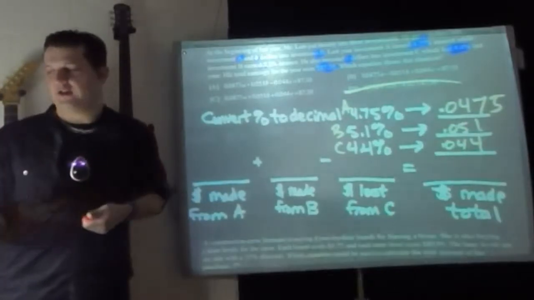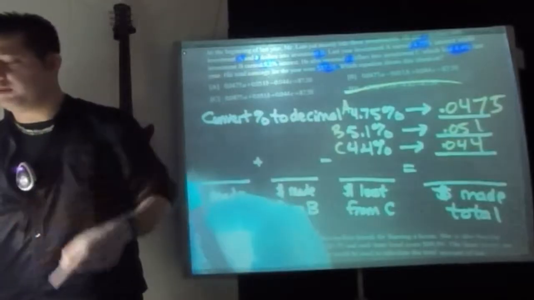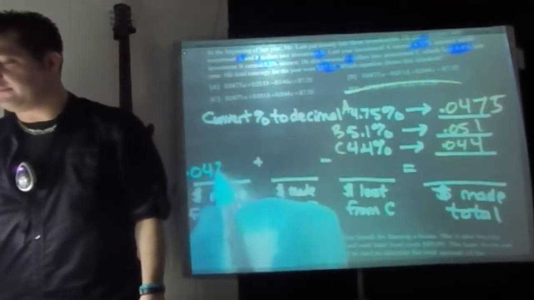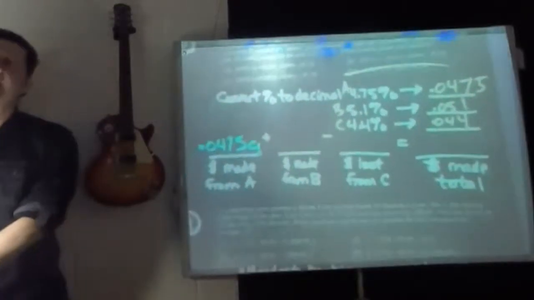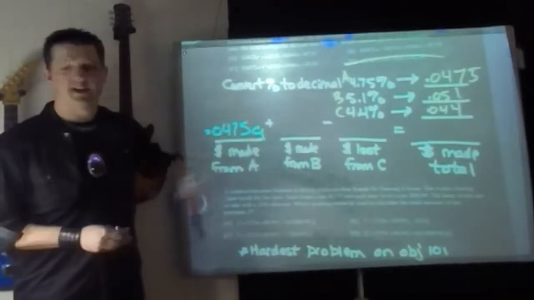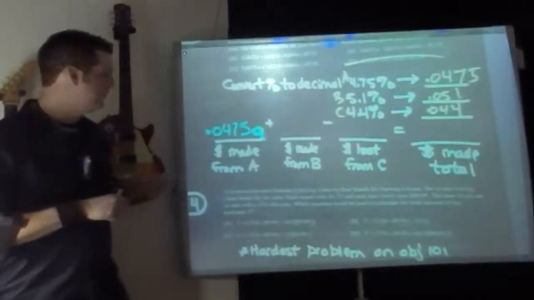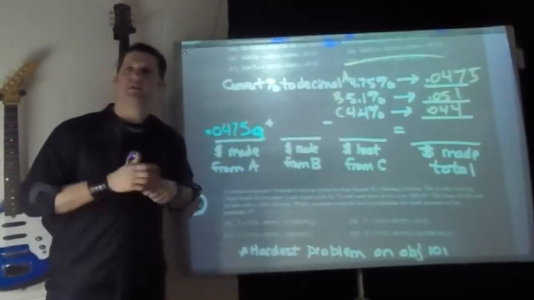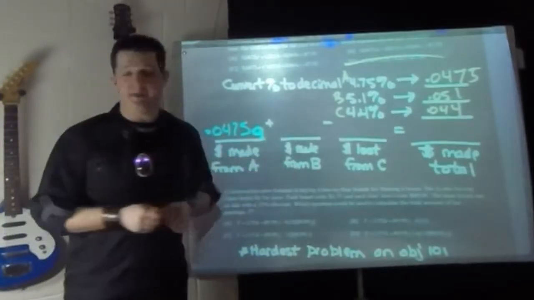A. Now, what you were saying was the percent that he made off of that money, which was 0.0475. So, if I wanted to know how much money he made from A, I'd multiply 0.0475 times A. If you put A dollars in, A is a variable, multiply by that percentage, and we'll find out the money he made from it. Now, how much did he make from B? What's the percentage?